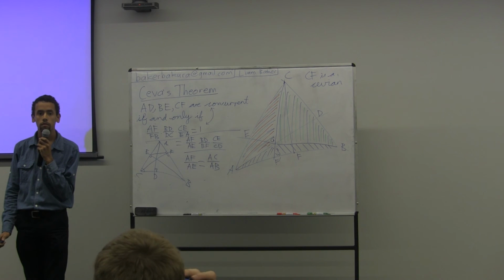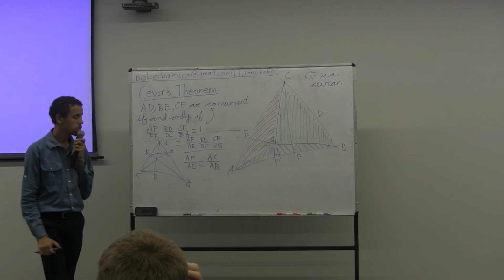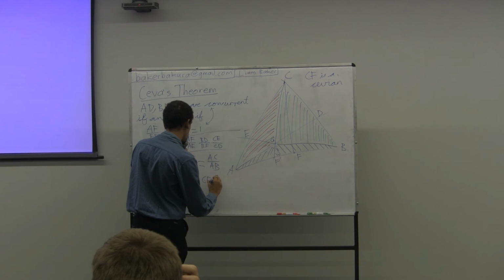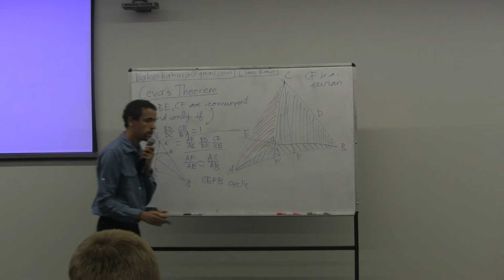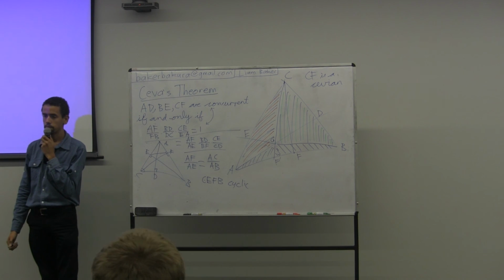Exterior angle of cyclic quad. Which cyclic quad? Cyclic quad CEFB. Okay, so CEFB is cyclic. Why is it cyclic?